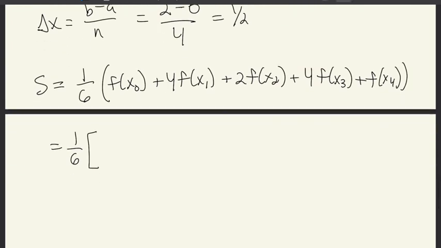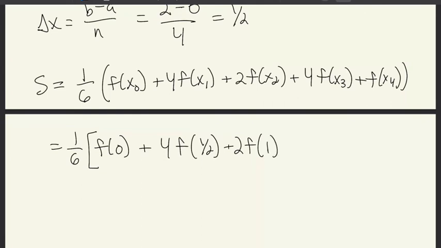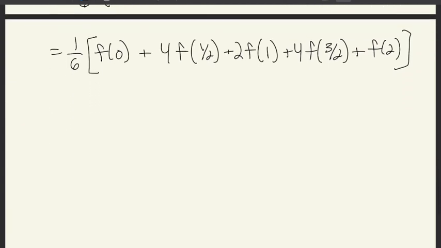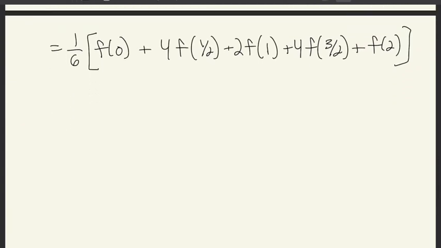This is 1/6 times f of x0, the first endpoint, which is f of 0, plus 4 f of 1/2, adding delta x to the previous x value, plus 2 f of 1, adding 1/2 again, plus 4 f of 3/2, adding another 1/2, and then plus f of 2.